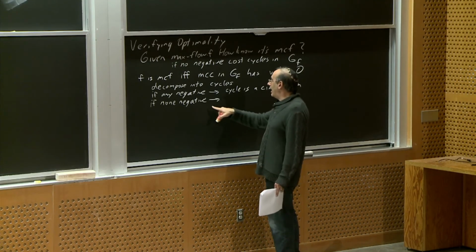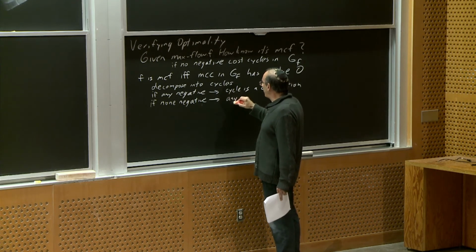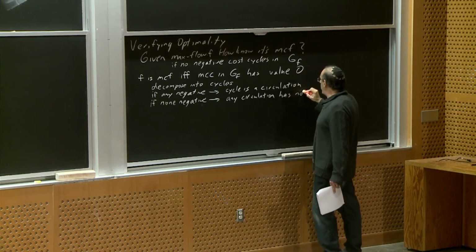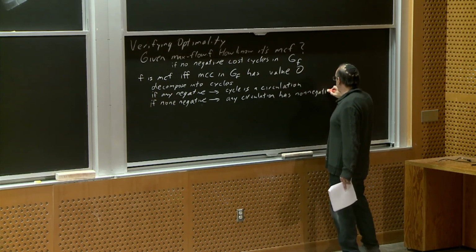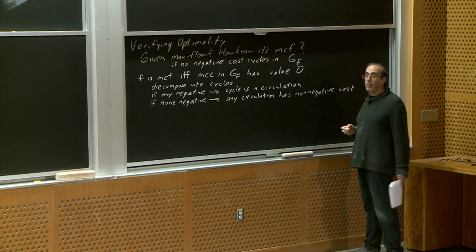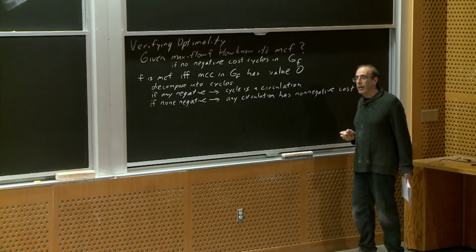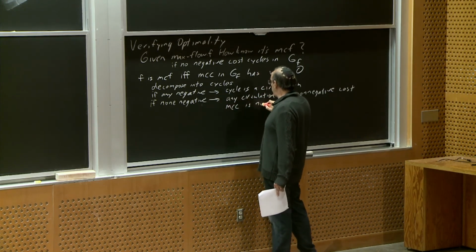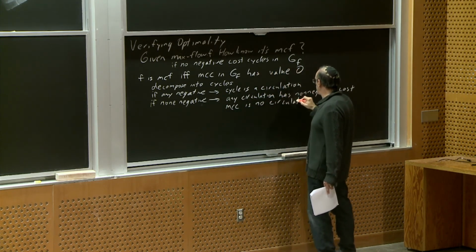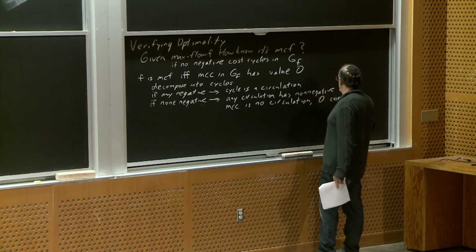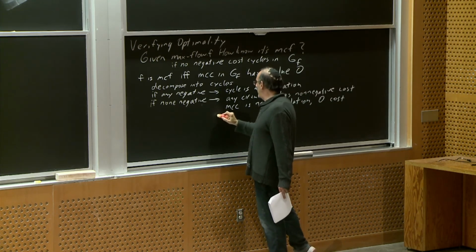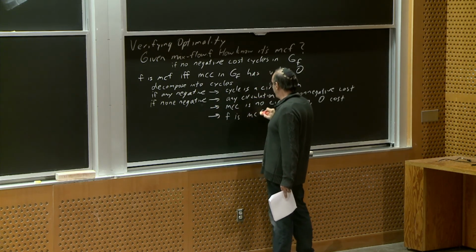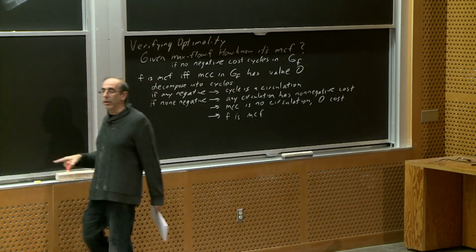That means that whatever your circulation is going to have non-negative cost, because the circulation decomposes into cycles, right? And that means that the min cost circulation is no circulation, which has 0 cost. And that means that your flow is a min cost flow, according to that condition that we were looking at.